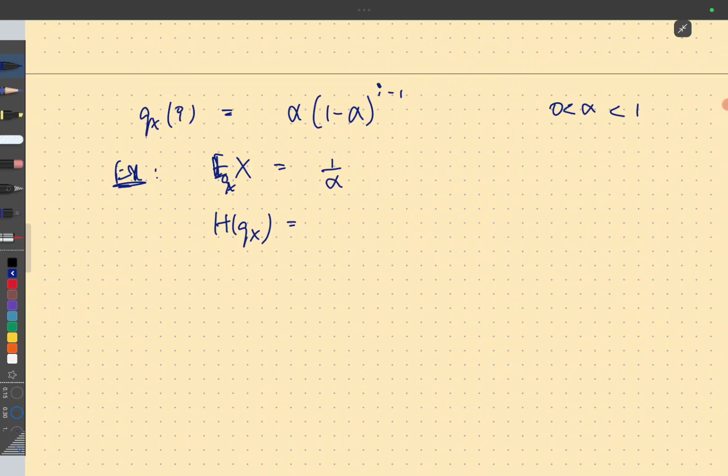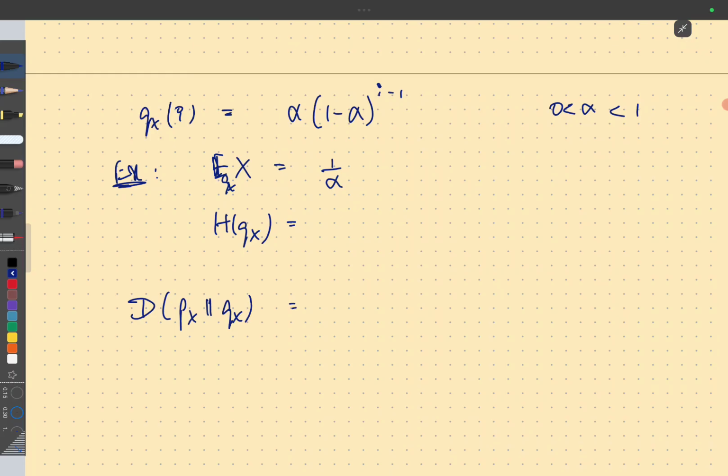So for this, I want you to compute the entropy of qx, but let's also compute the KL divergence between px and qx.